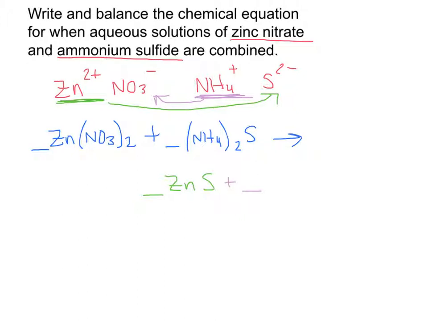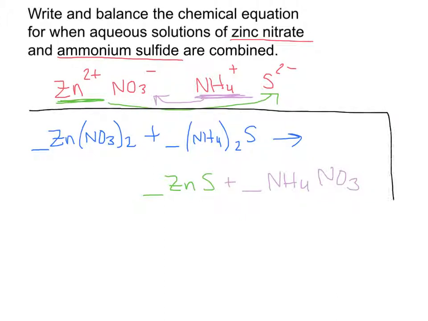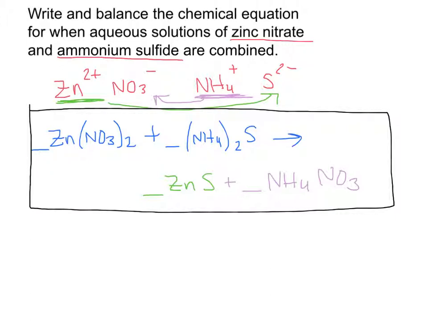You only need 1 of each, so you have NH4, NO3 right there. That's really what I have been told is the toughest part, is writing that full-on equation, just given the 2 reactants and having to figure out what the products are supposed to be.